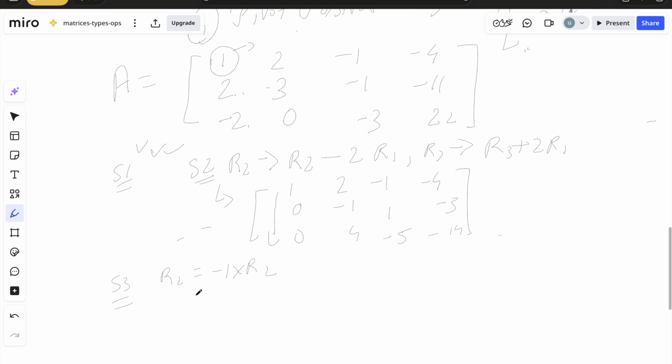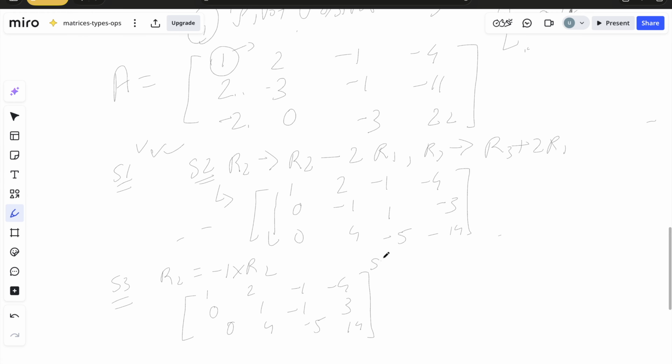So we have here from the R2 transformation 1, 2, minus 1, minus 4, 0, 1, minus 1, 3, and 0, 4, minus 5, 14, right?